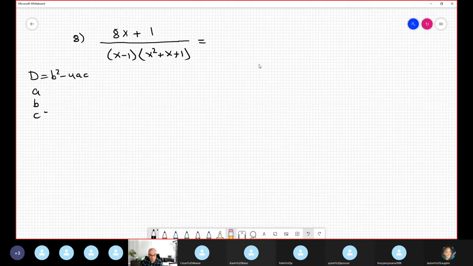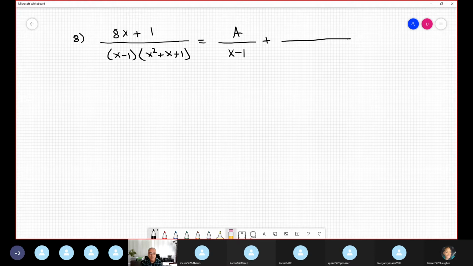And the typical format for the irreducible quadratic expression is, you write two expressions, one for x minus 1, which is linear, so the coefficient is just a number. But this is quadratic, and for this quadratic the coefficient is not one number, it's a binomial, bx plus c.